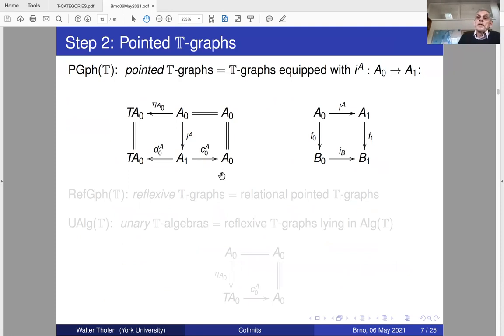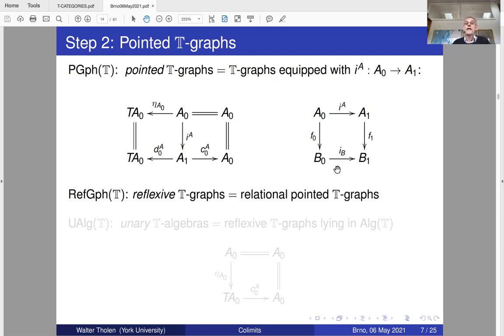So now let's put a little bit more structure there. Pointed T-graphs are graphs that come with an insertion morphism of identities, which is a morphism from A0 to A1. What you see up here, you can consider as the discrete pointed T-graph, and you need these commutativity conditions. And of course, the morphisms now should respect this new component.